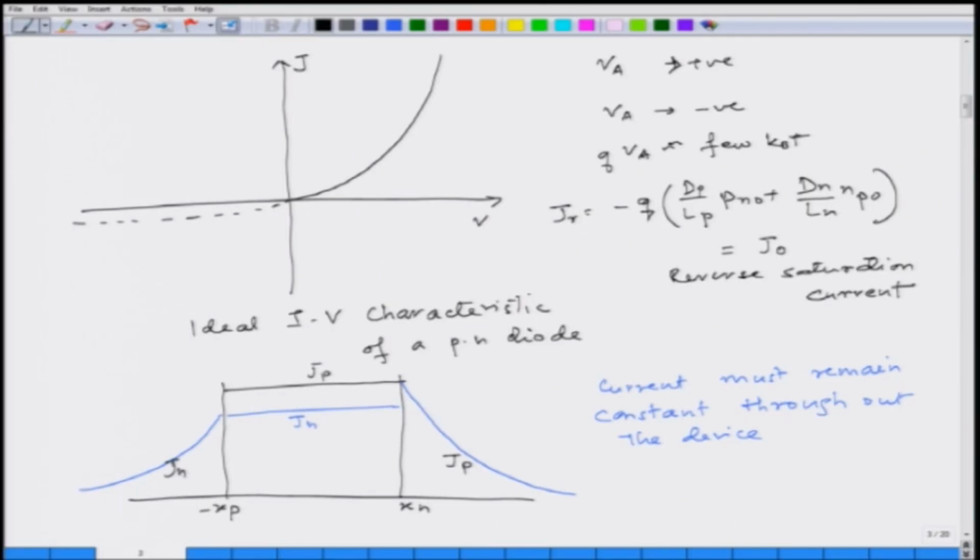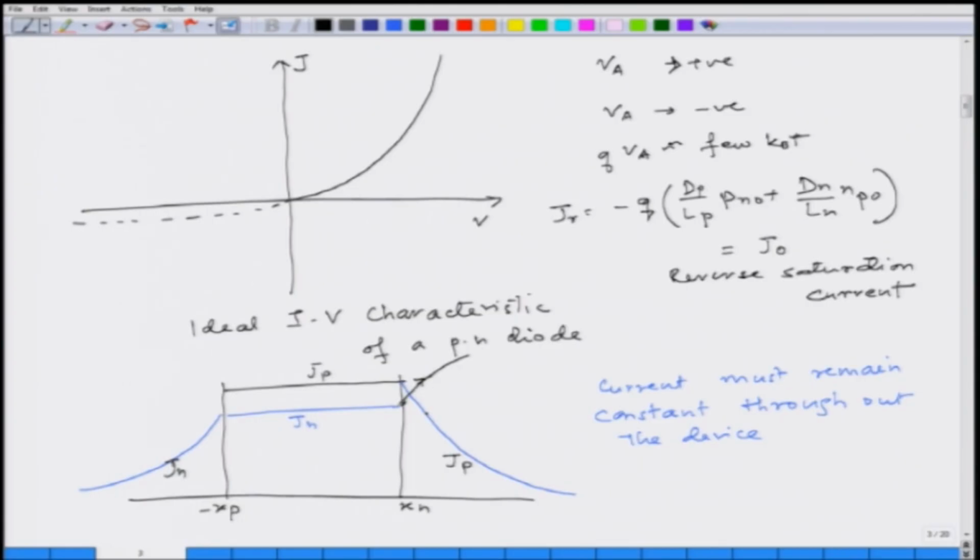So, in order to keep it constant, the other component must increase at the rate at which this one is going down, to compensate and keep it all constant. As much as it decreases, the same amount must increase. Now, where is this increase coming from? It will continue on in order to make sure that total J_n plus J_p will remain constant always.